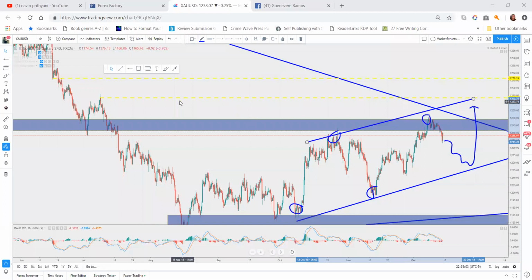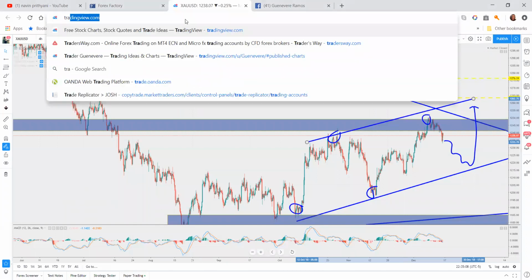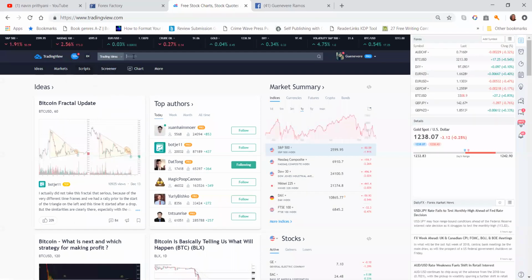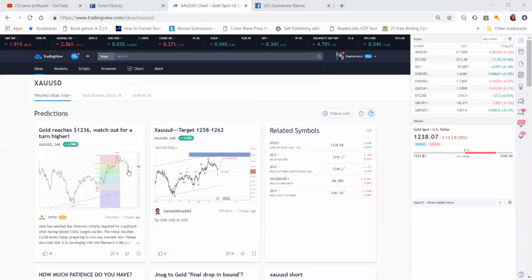Another thing on TradingView, you can go on here and look at trading ideas. So if you wanted to see what people had to say about gold, you could look at trading ideas.